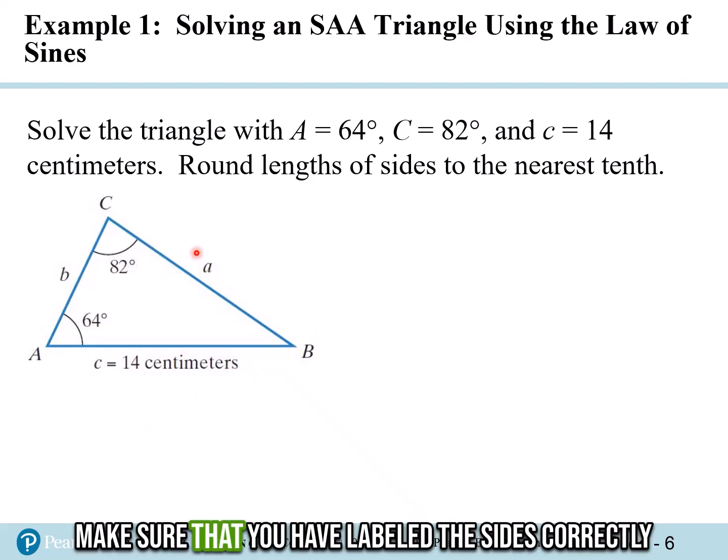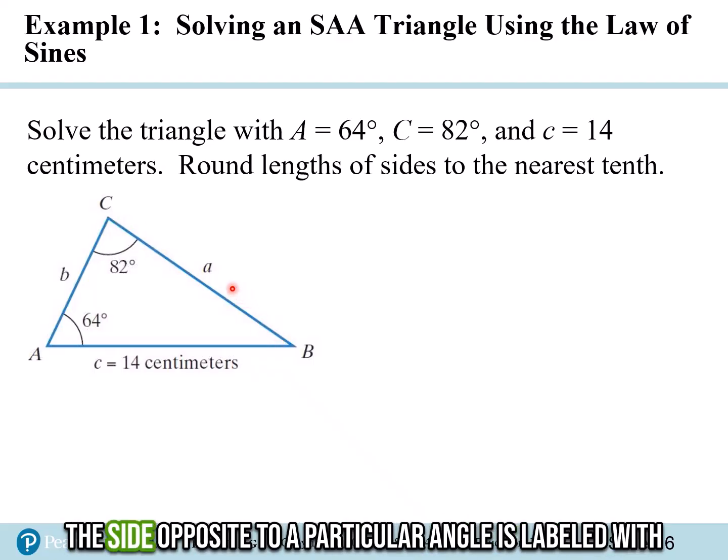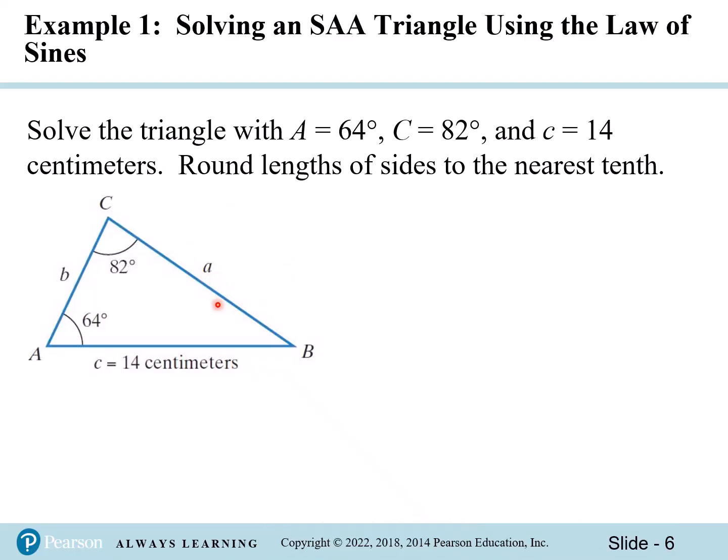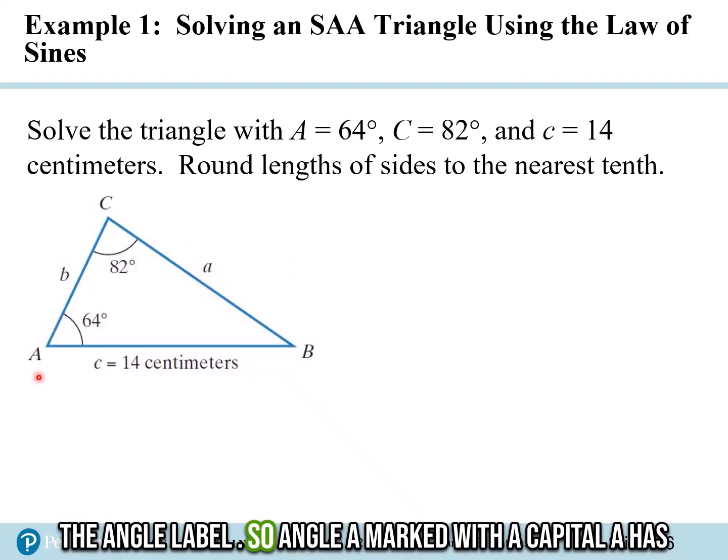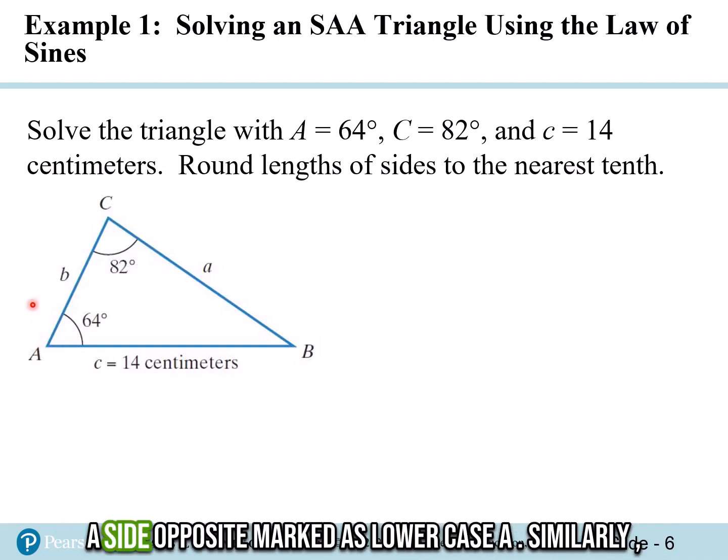Just make sure that you have labeled the sides correctly. The side opposite a particular angle is labeled with the lowercase of the angle label. So angle A, marked with a capital A, has a side opposite marked as lowercase a.